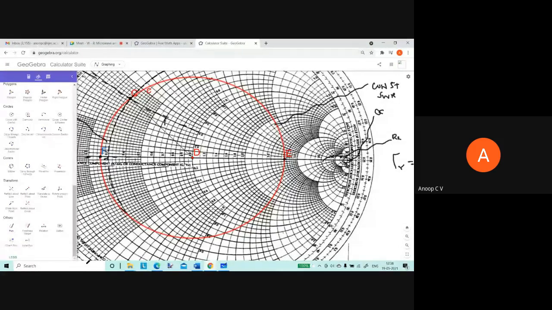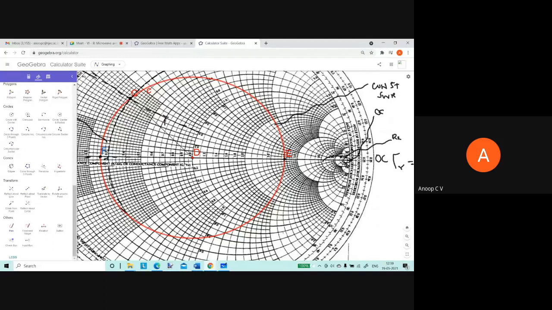As this is the open circuited point, towards the right there was one point, maybe point number 9. The horizontal radius to the right of the chart center corresponds to Zmax and standing wave ratio.